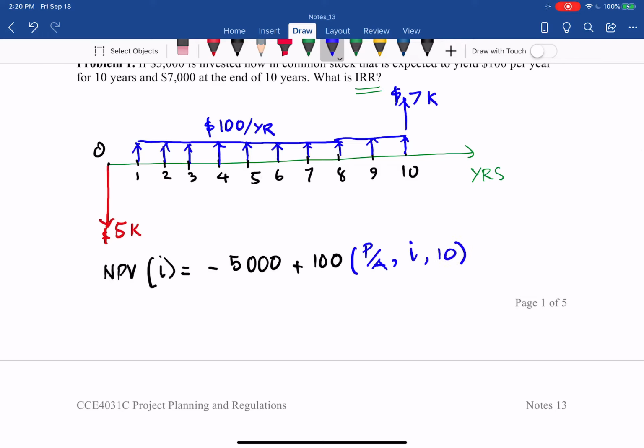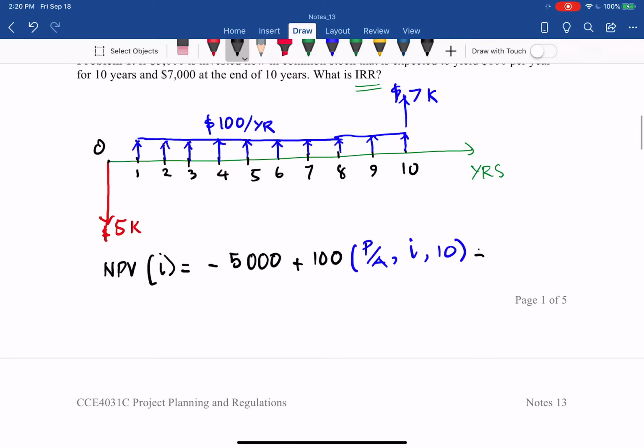And then at the end, we have plus 7,000, one single amount at year 10, brought to time 0, so P over F, I, 10 years. And that makes the equation equal to 0.